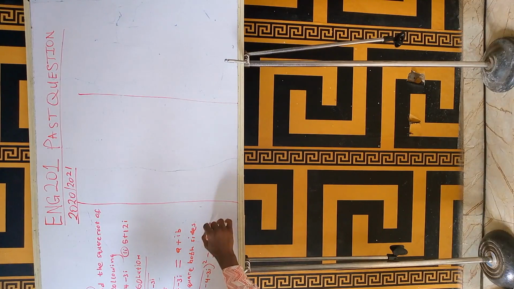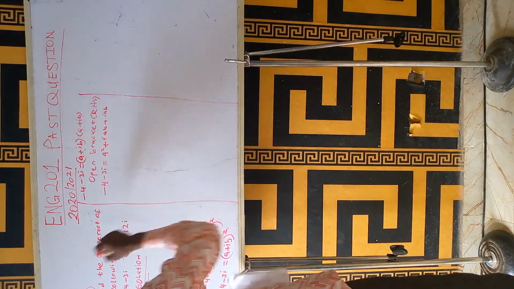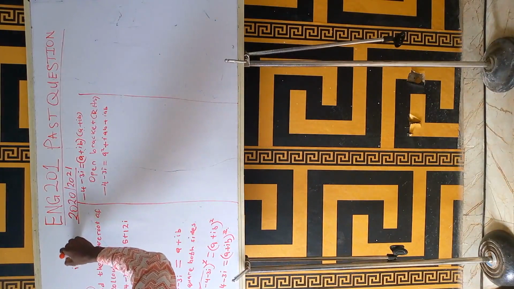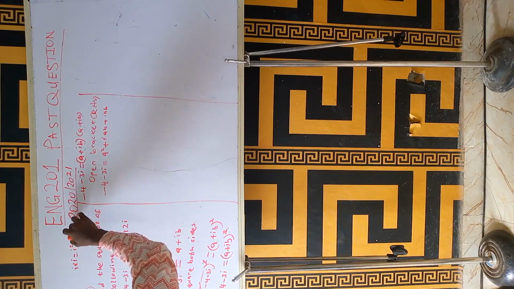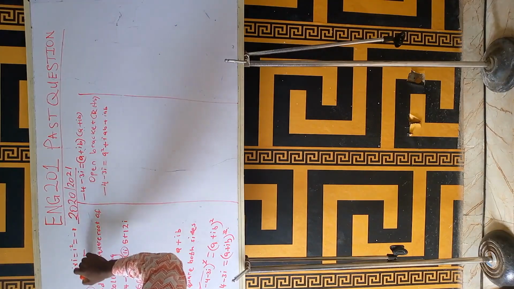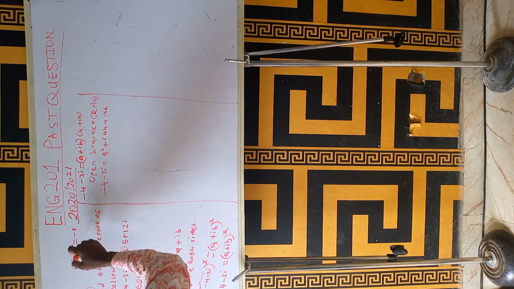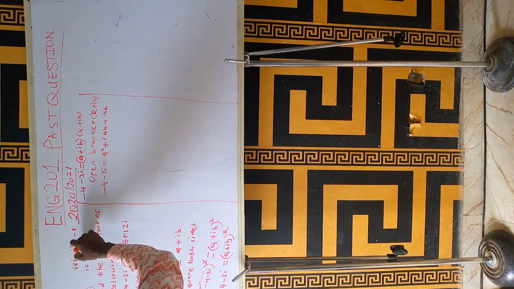In complex numbers, when you have i times i, it will give you i squared, and i squared is the same thing as minus 1, because i equals the square root of minus 1.